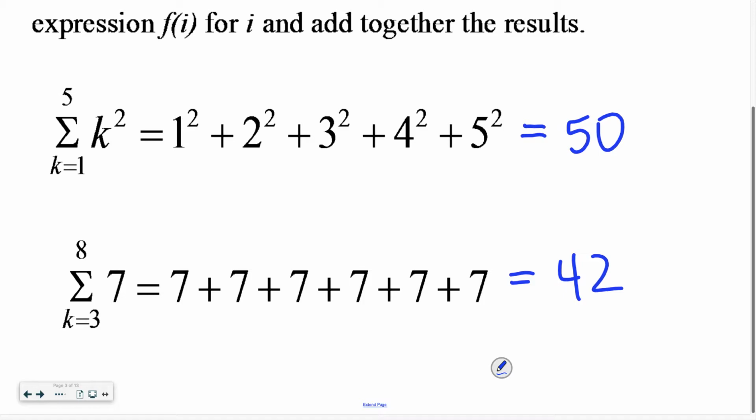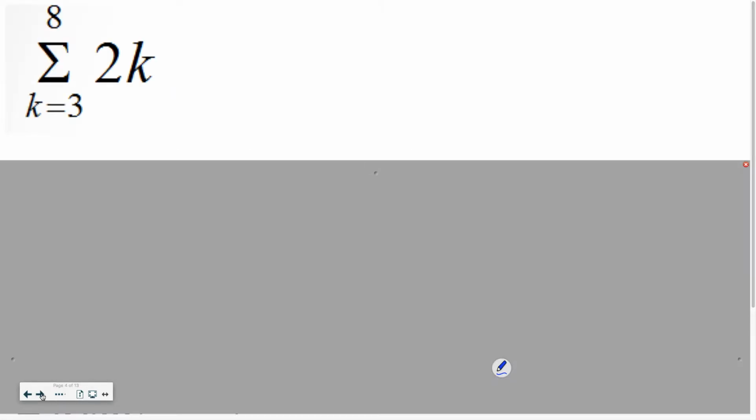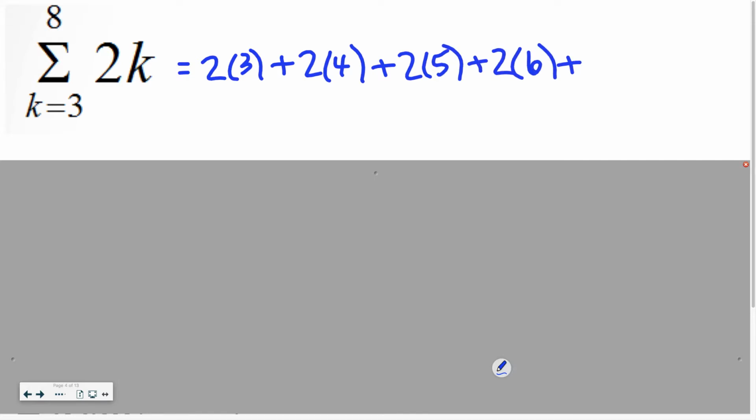What do you think? Can we do it? All right, let's do this one together and then the next one's on your own. The sum from k equals 3 to 8 of 2k. So we have 2 times 3 plus 2 times 4 plus 2 times 5 plus 2 times 6 plus 2 times 7 plus 2 times 8.